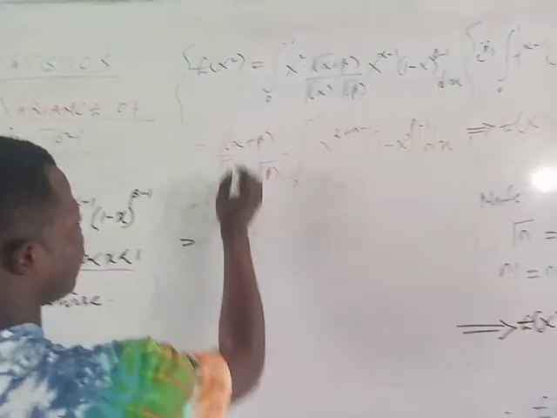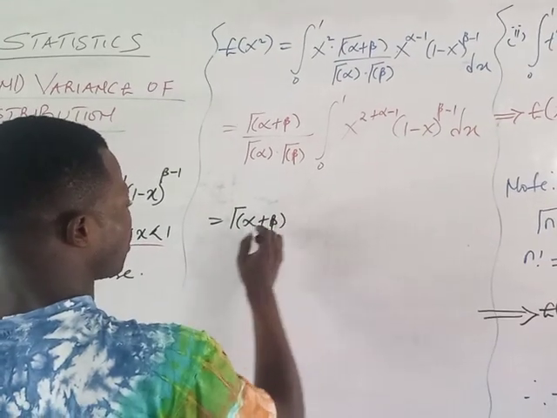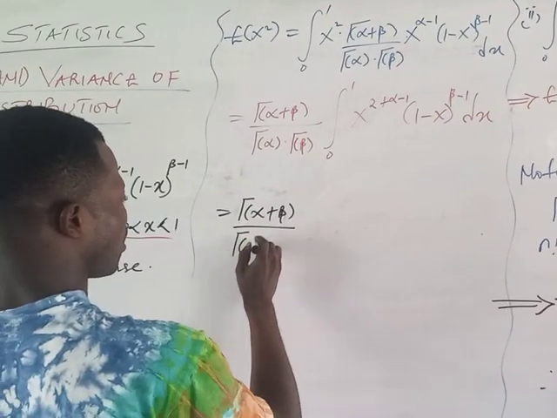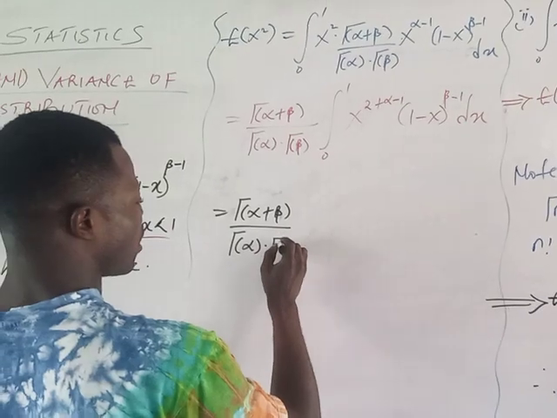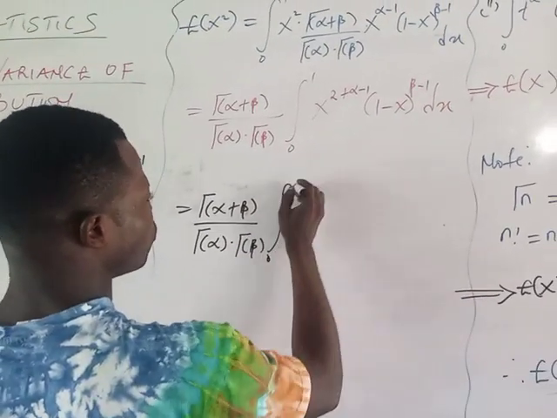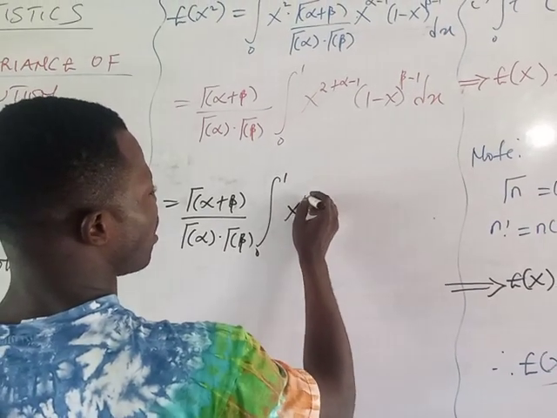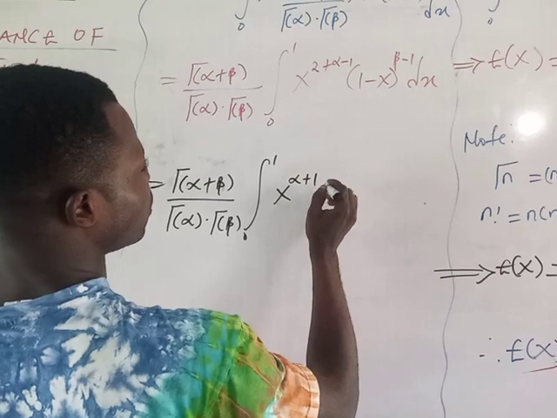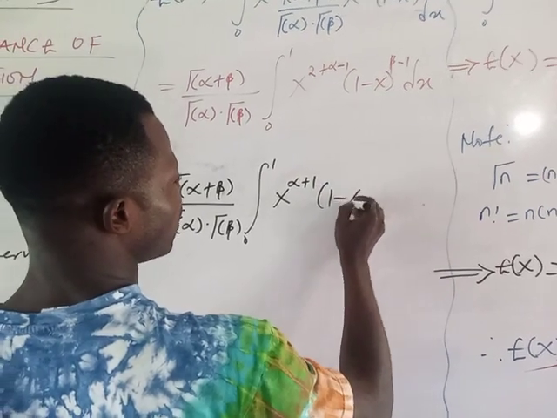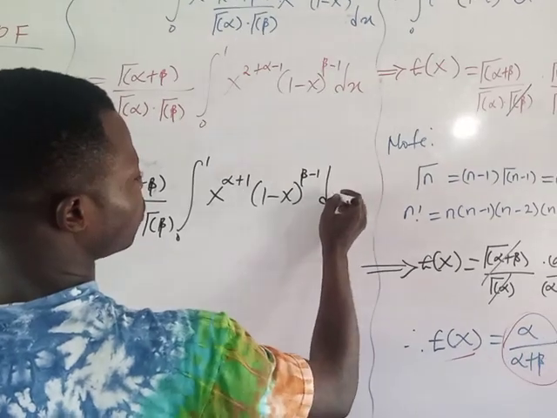This will give us gamma alpha plus beta all over gamma alpha times gamma beta, integral 0 to 1 of x to the alpha plus 1 into (1 minus x) to the beta minus 1 with respect to x.